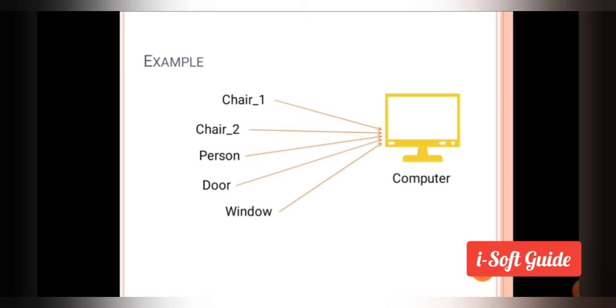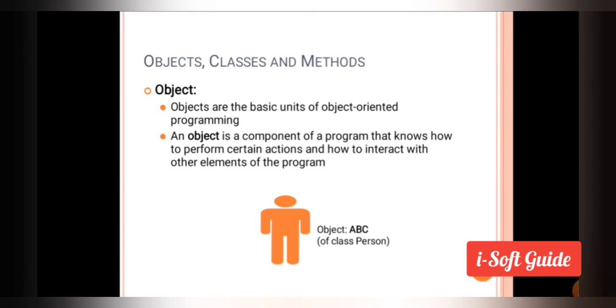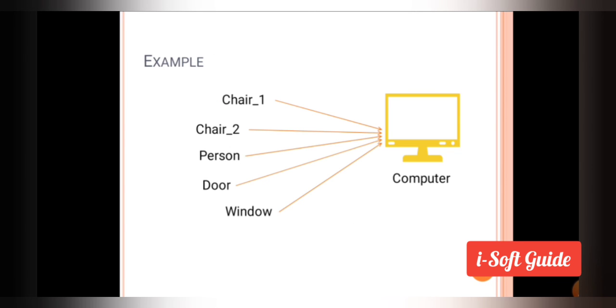In those 5 branches, the first and foremost thing that I have to identify is the objects within the overall environment and classes within the overall environment. And again, how they are related with each other, that also I have to identify. Hence we have considered this, that we are inputting a chair to the computer. So in my next video we will discuss objects and classes and their methods and attributes.